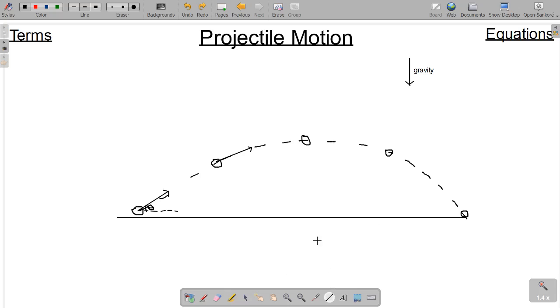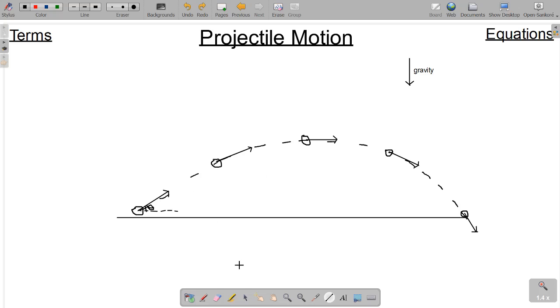Excuse me while I draw these vectors. It's not exactly very accurate, but it will do.